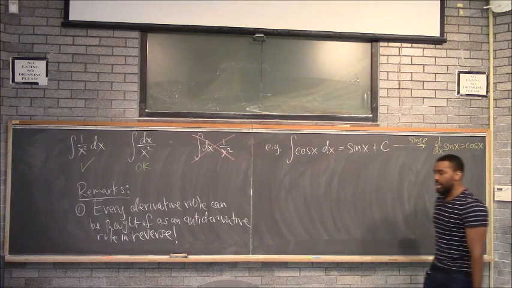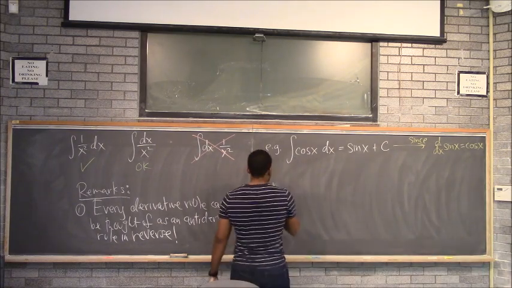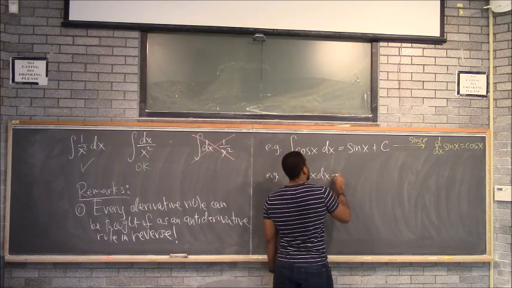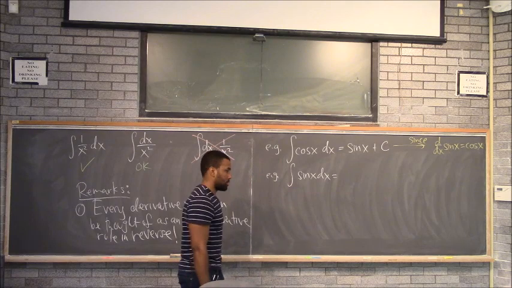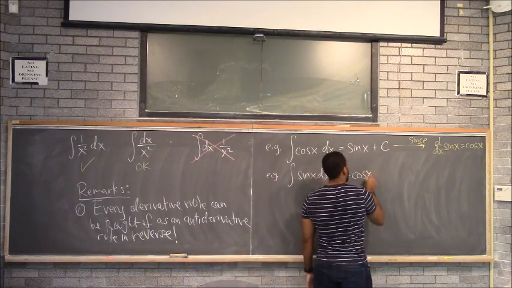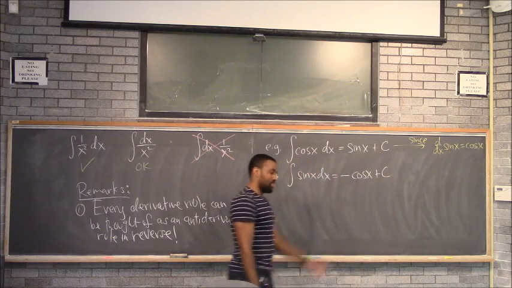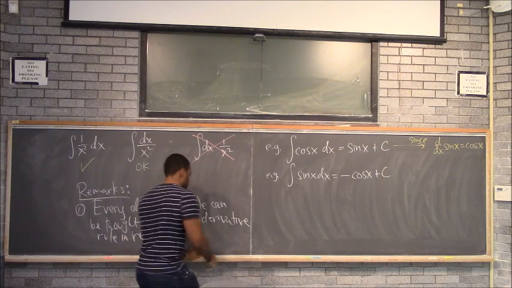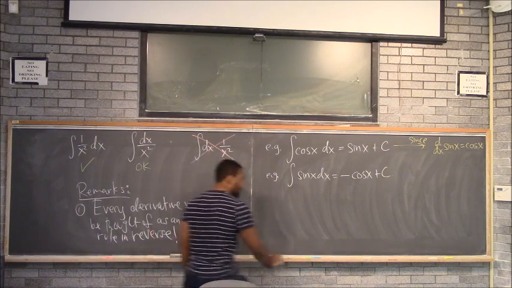Now, sometimes you might have to tweak this a little bit. So if I were to ask this question, what is the antiderivative of sine? It's the negative cosine. Now that little negative sign causes students a lot of trouble. And why is that?